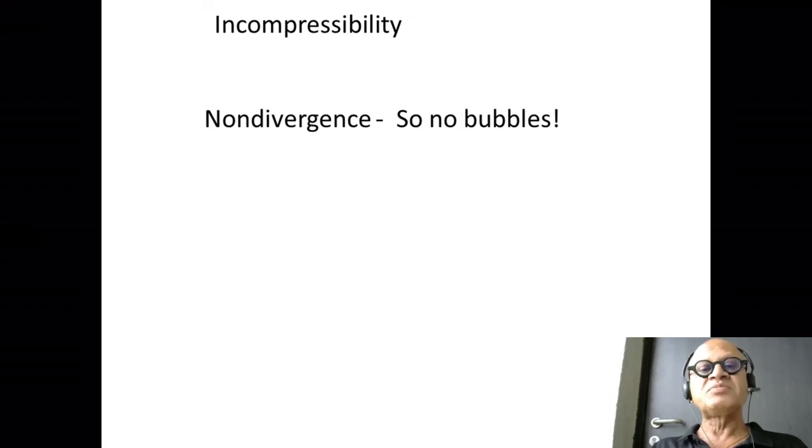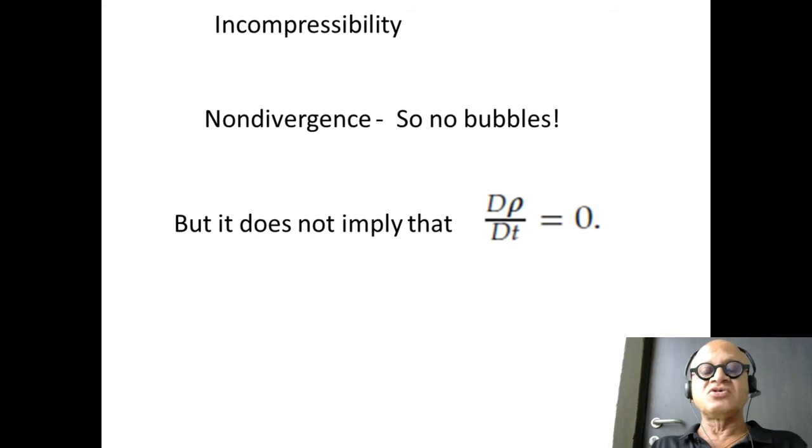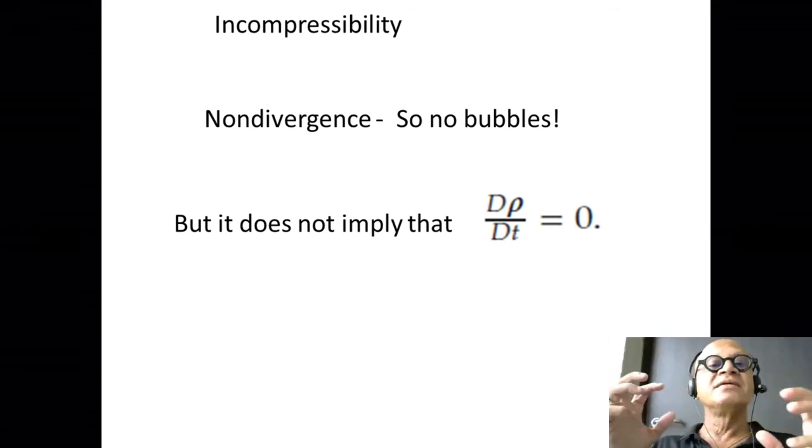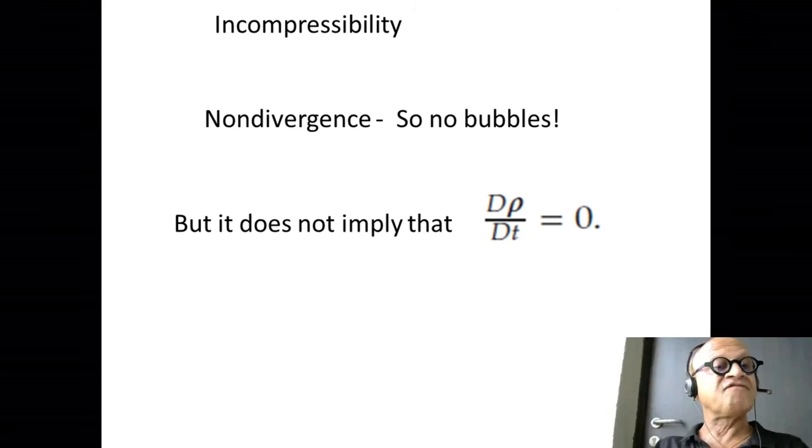So incompressibility basically means non-divergence. So you cannot entrain bubbles because that makes it compressible, right? If you have air bubbles, cavitation, for example, then it's not incompressible anymore. As I said, this doesn't necessarily mean d rho/dt equals 0.